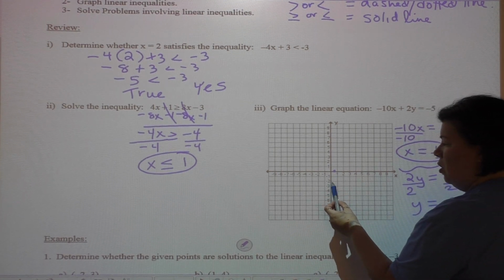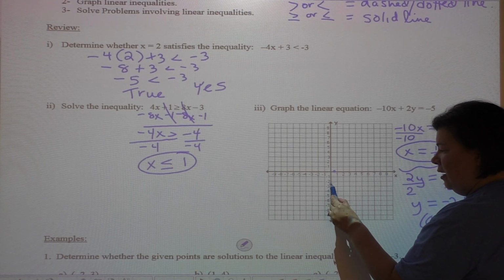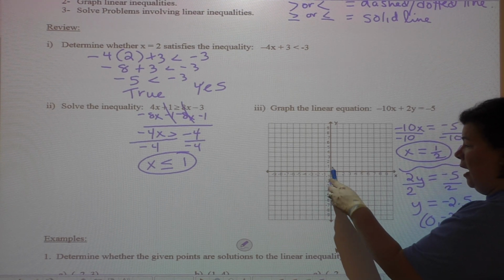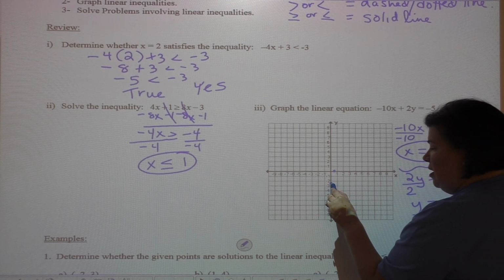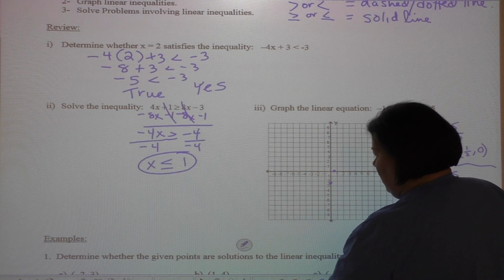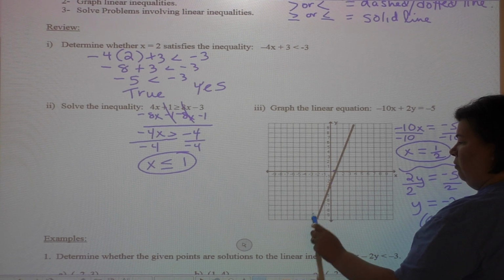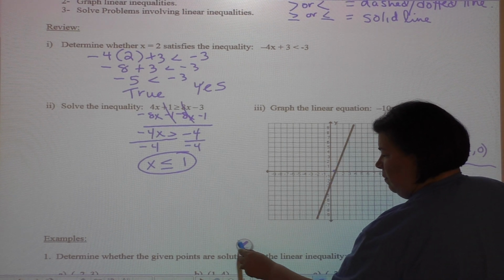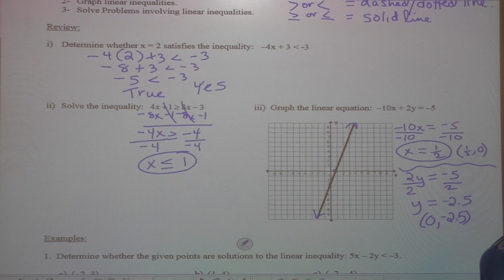This falls right between -2 and -3, halfway to be exact, on the y-axis. I know those are weird because they're not integers, but it doesn't mean it's wrong. It just means that they're not integers. So we're just going to draw our line going through both points as best as you possibly can, and of course making sure arrowheads are in both directions.